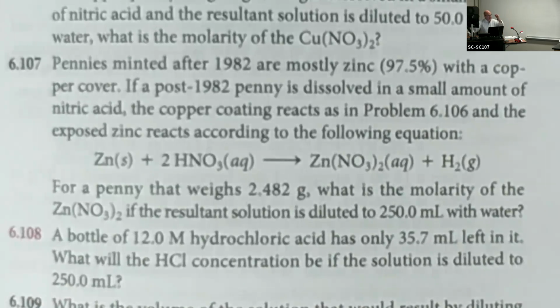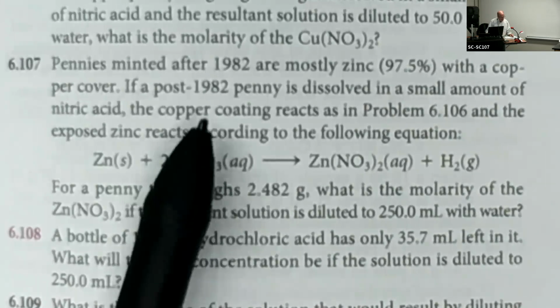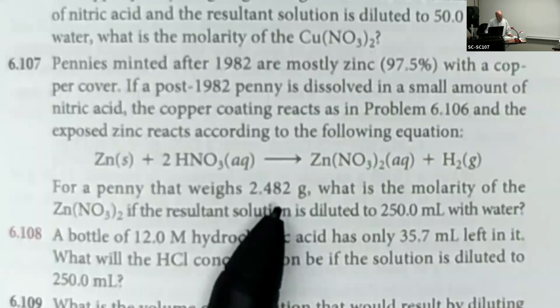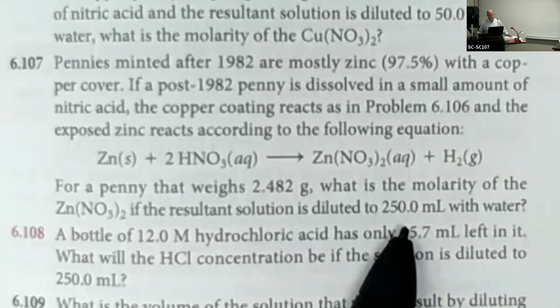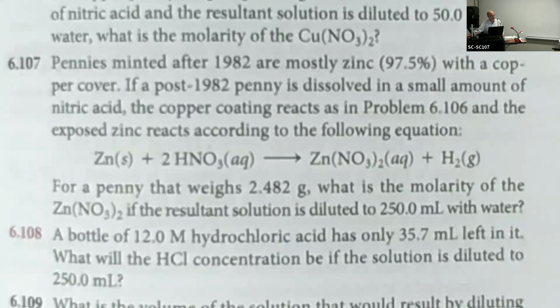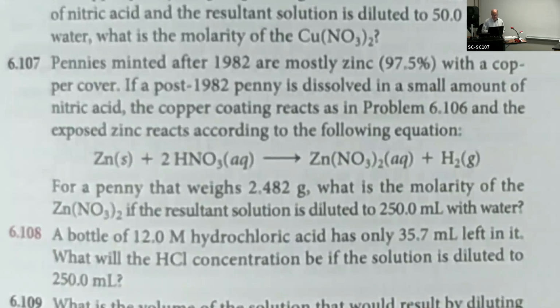Pennies minted after 1982 have more zinc in them. So if a penny has 2.48 grams of zinc, and the final solution is diluted to 250 milliliters, what is the molarity of the zinc solution? This is question number 107.